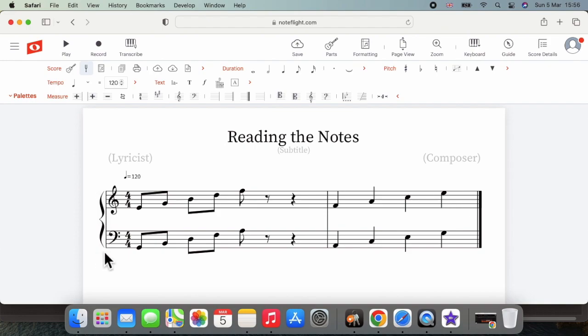Let's have a look at the bass clef. So remember, with the bass clef, we start with a G. And again, we've got a note in the gap and a note on the line. So we go G, A, B, C, D, E, F, G, A. Okay?